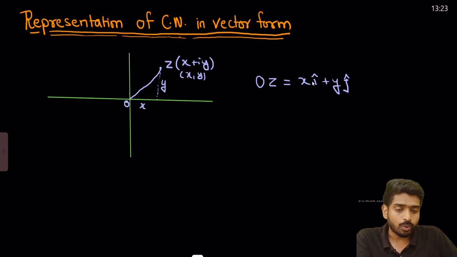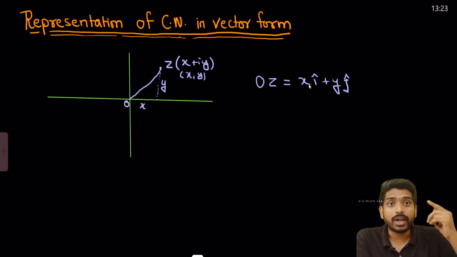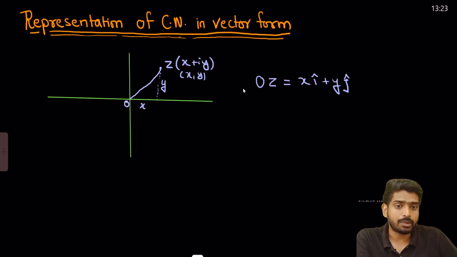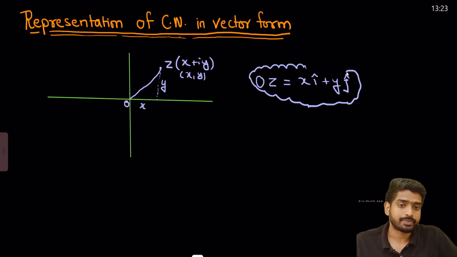Got it? So the component along the x axis is equal to the real part of the complex number, and the component along the y axis is equal to the imaginary part of the complex number. So any complex number we can represent in this vector form also.